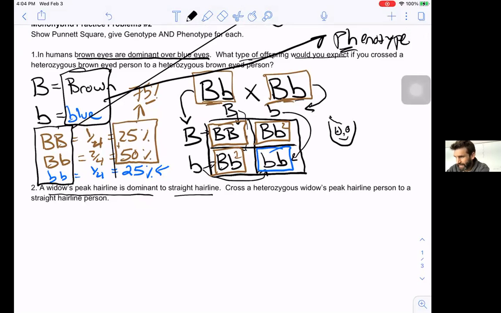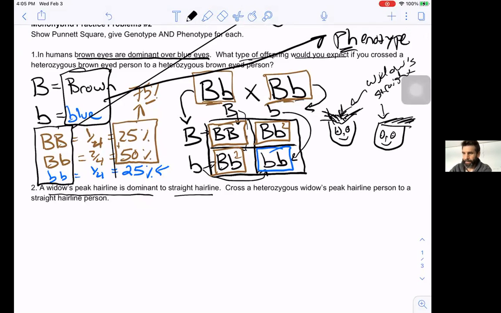The widow's peak is the hairline kind of comes down in a point there. That is widow's peak. And the other possibility that exists here is a straight line. We're calling that straight.